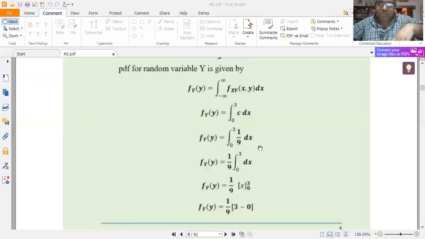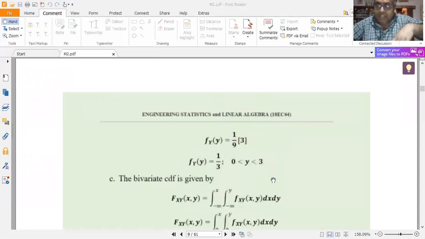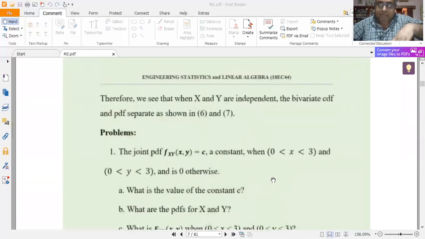But my next step would be to check for the limits. What is the lower limit of x? What is the lower limit of y? By data, the lower limit of x is 0, the lower limit of y is 0, as given in the problem.